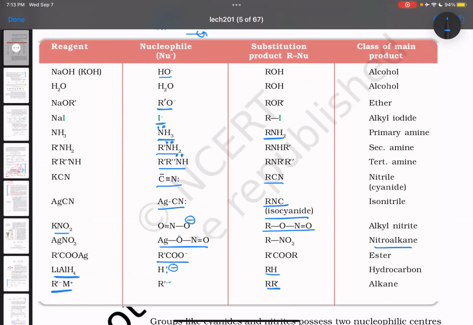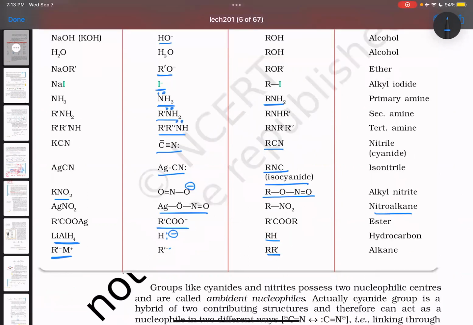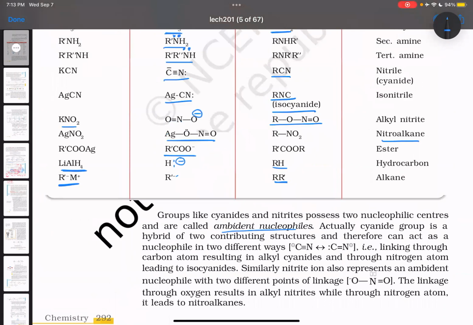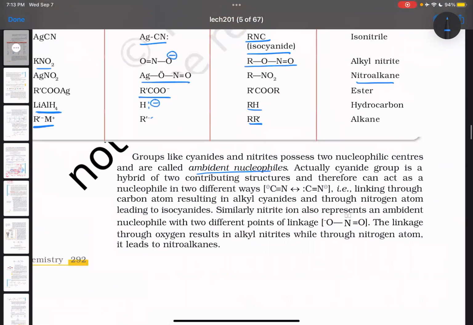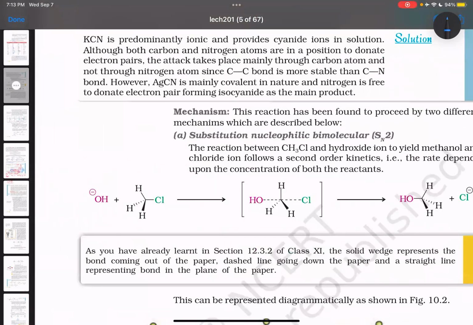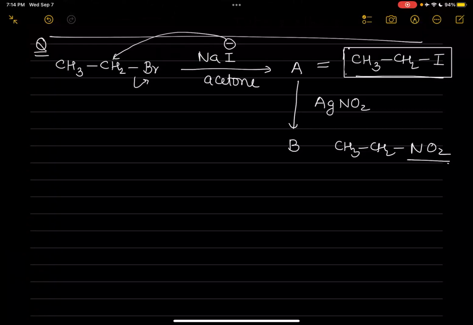Yeah, so this is also used for the conversion. Look here, ambident nucleophile, very simple it is. I hope all of you understood what it means, right? Good. So there are various sets of nucleophiles which you can use.